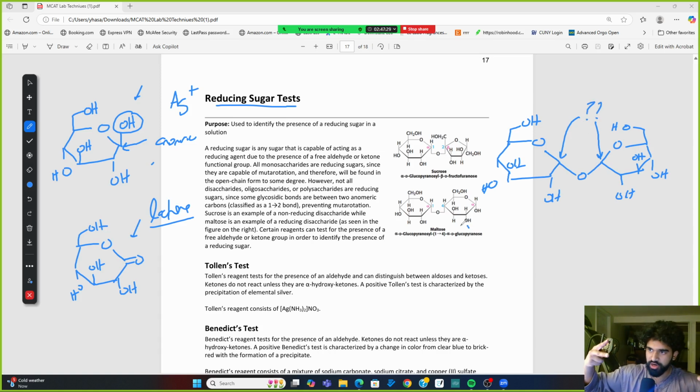Both the anomeric carbons are involved in the bond between the sugars, meaning it's no longer reducing. And like Laura said, this is an alpha 1,6 bond between two glucose molecules. Sorry, not 1,6, 1,1. My bad. You're correct. 1,1. 1,6 would be up to the 6 carbon. You're good.